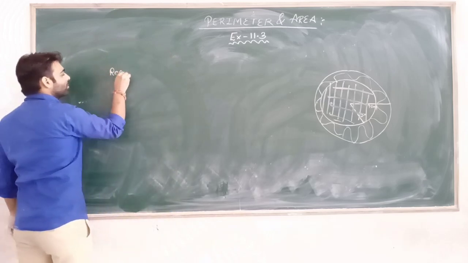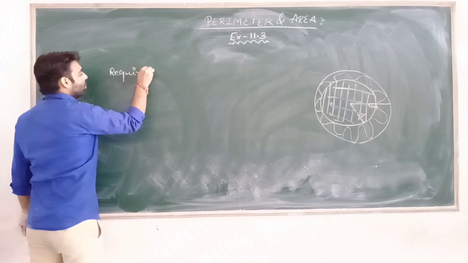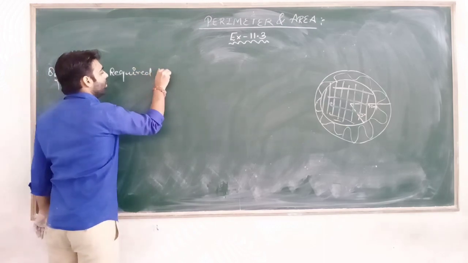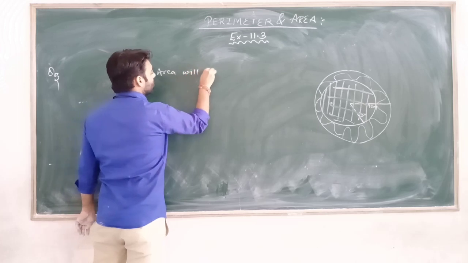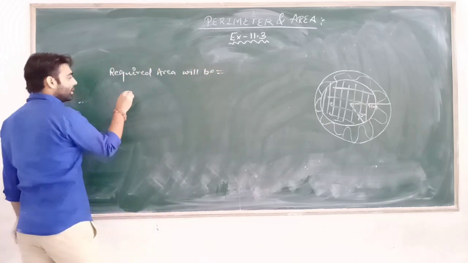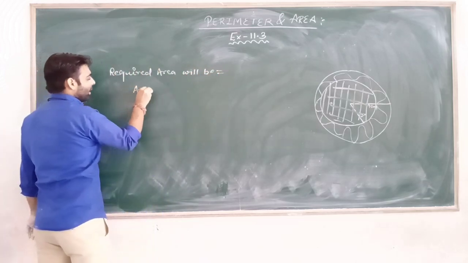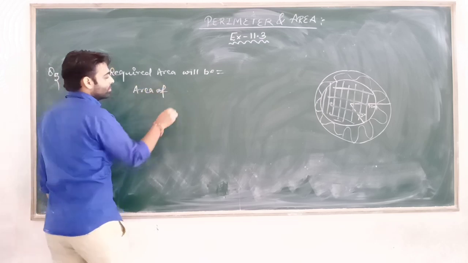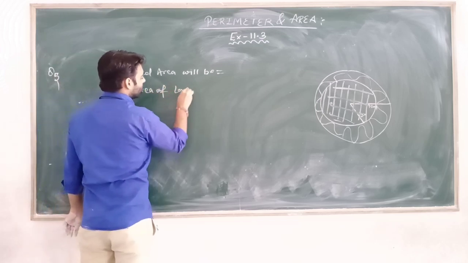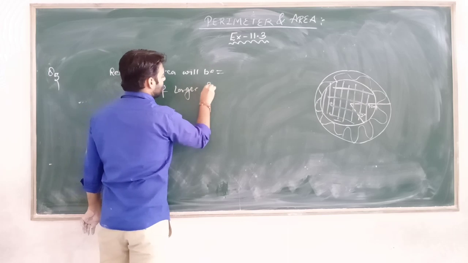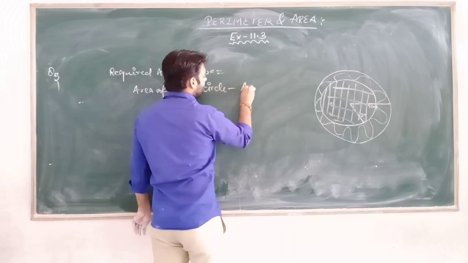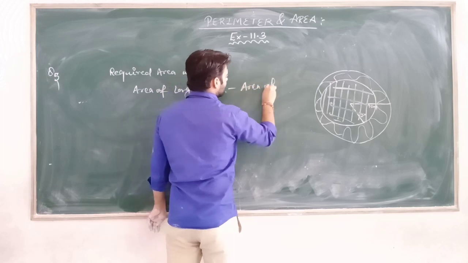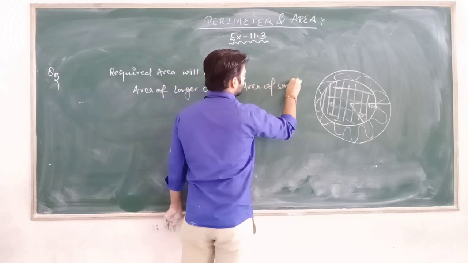Required area will be equal to area of larger circle minus area of smaller circle.